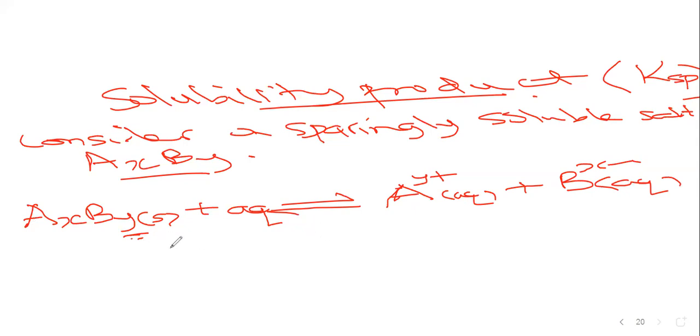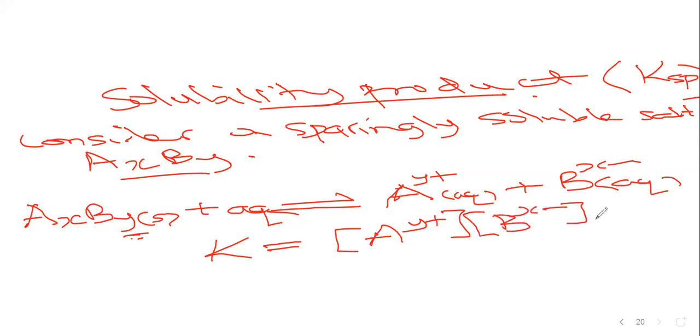Yes, teacher. Now, from what we call the law of mass action, you'll find that the solubility constant here is given as the molar concentration of the Ay+ ions multiplied by the molar concentration of the Bx- ions divided by the molar concentration of the salt itself.